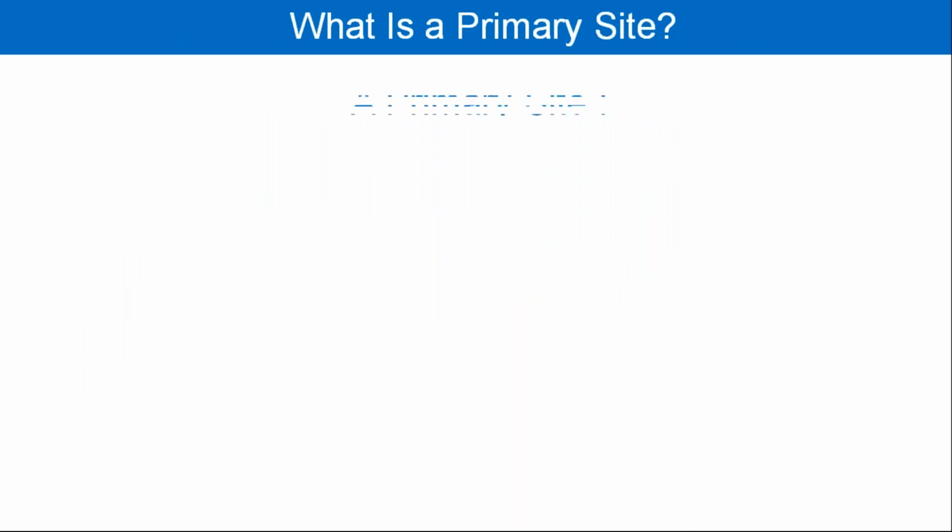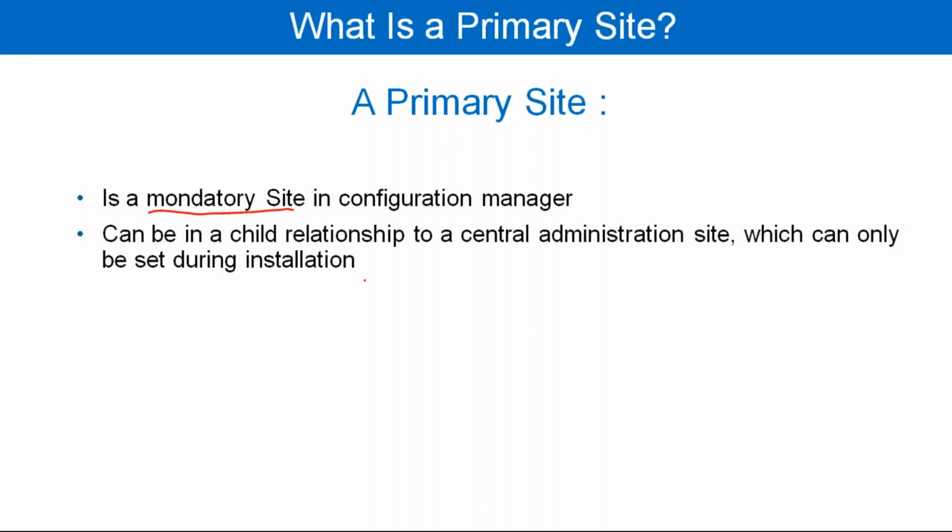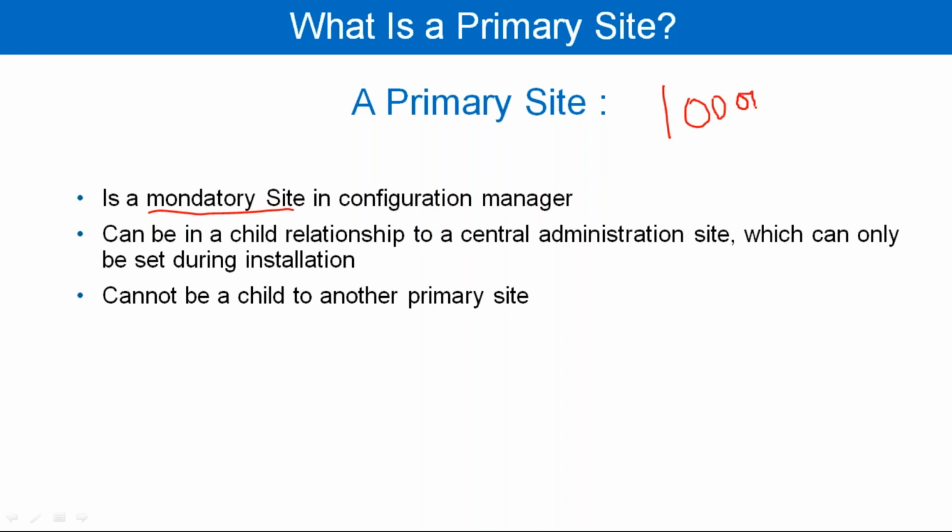Then you have the primary site. The primary site is the mandatory one. You have to have a primary site, then only will you be able to manage devices. A primary site can manage up to 100,000 devices, 1 lakh, as we call it in India.